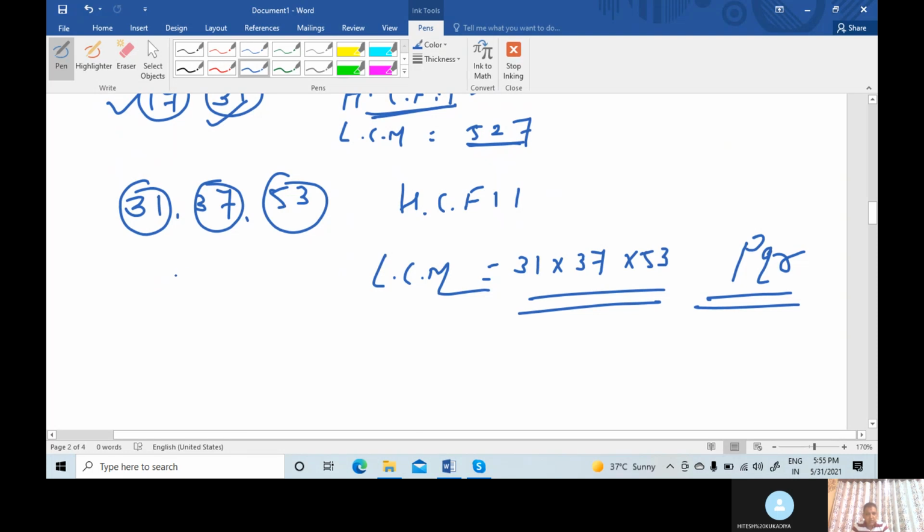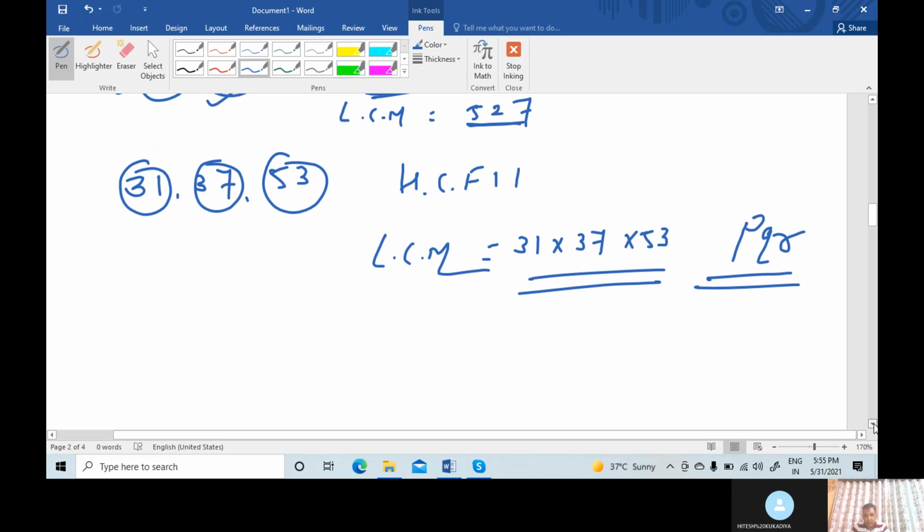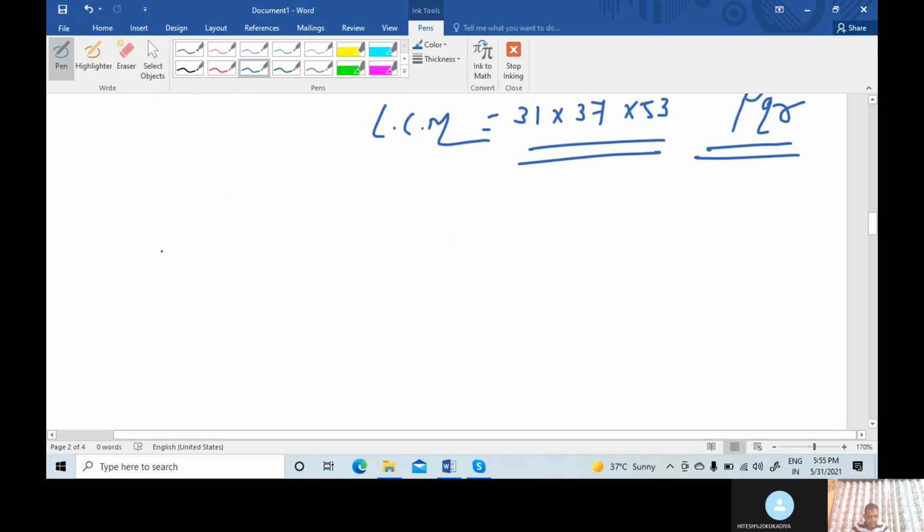Okay, now discuss another MCQ. Look here. HCF of two numbers A and B is 8, and LCM of A and B is 64.